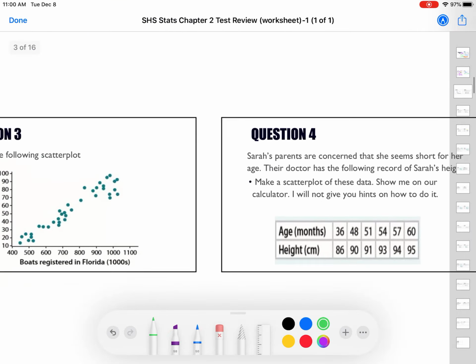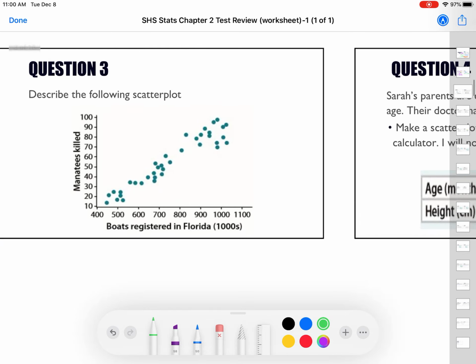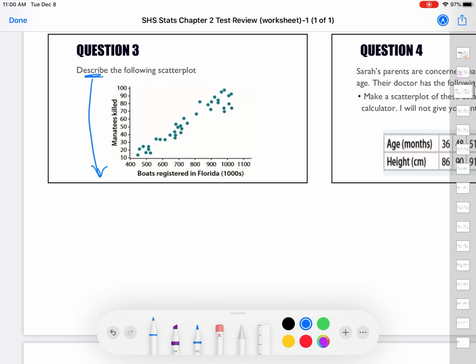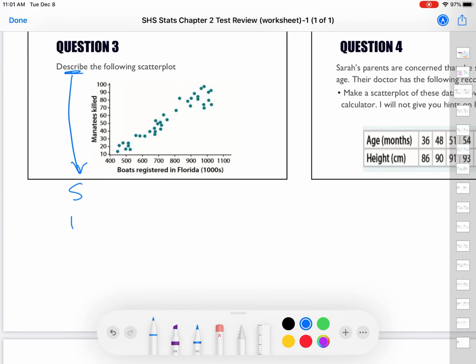All right, let's try question number 3. Describe the following scatter plot. Okay, so describe, we usually use the acronym SUDS. What does SUDS stand for? It stands for strength, unusual, direction, and shape.